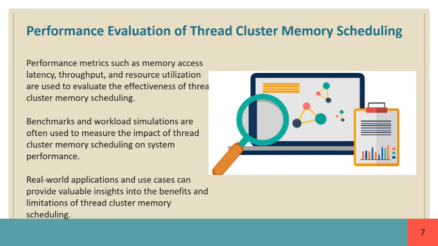Benchmarks and workload simulations are often used to measure the impact of thread cluster memory scheduling on system performance. Real-world applications and use cases can provide valuable insights into the benefits and limitations of thread cluster memory scheduling.